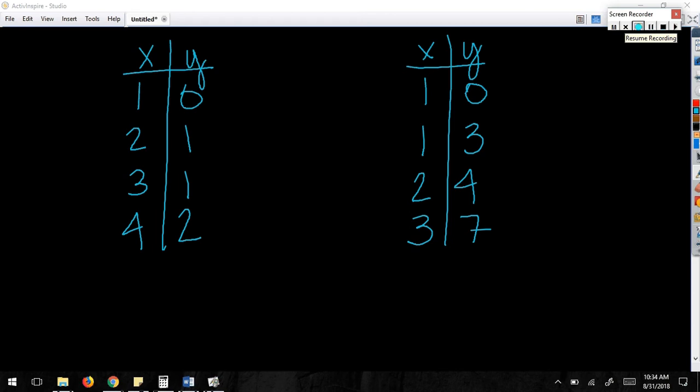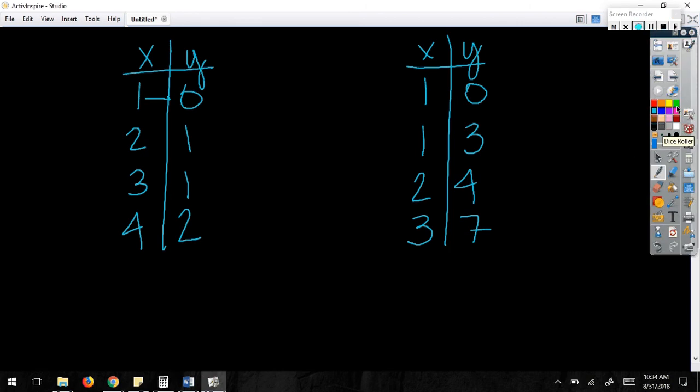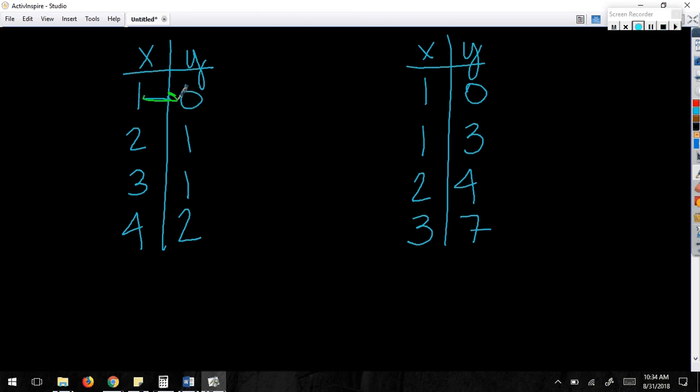This first one. If the input is 1, the output is 0, right? Well, we're not writing a rule right now. Right now we're just determining, is it a function or not. If the input is 2, it has an output of 1.